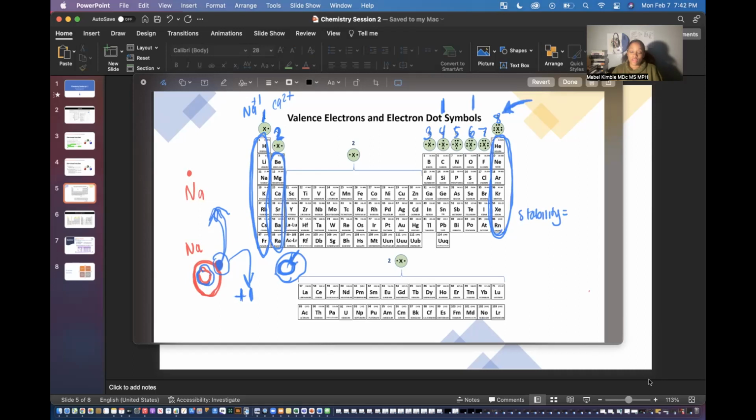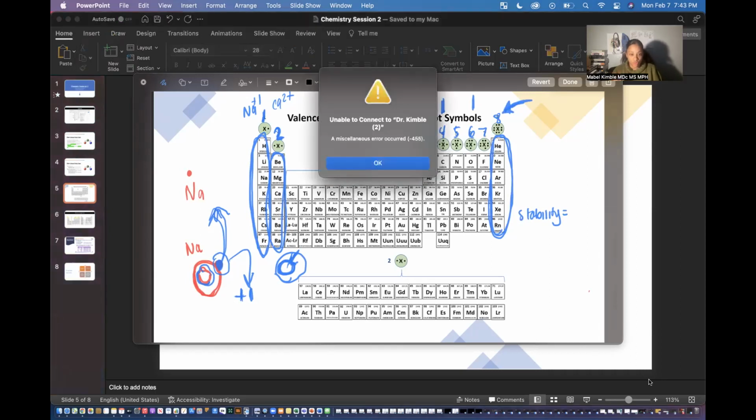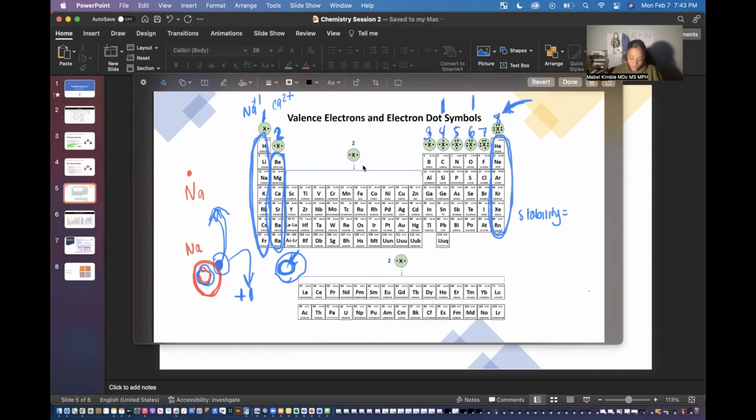Well, you're along the right line. You're explaining the definition of what being stable means, which is essentially reaching an octet, right? If you were asked this, know that what I'm trying to say is that it's not about the fact that it's even, but the fact that it has reached an octet.